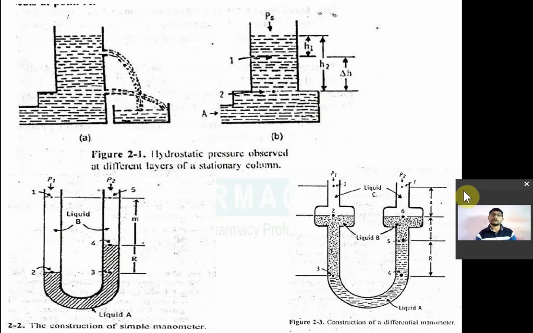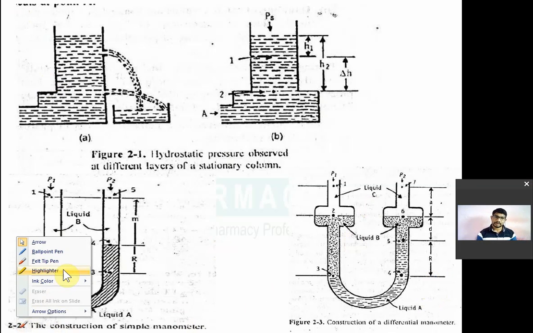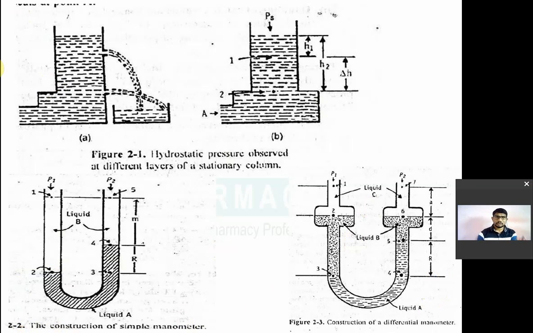Now suppose that you have one liquid which is static in nature. It is at rest, and suppose that the fluid is in a tank. Suppose that this one is a tank, and you have a fluid or liquid in the tank. Basically, fluid means what?